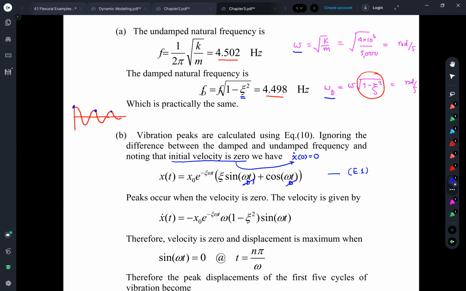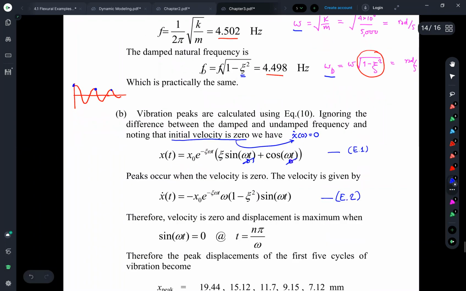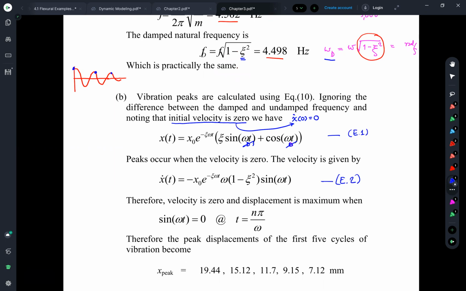So I perform one more derivative on x, and I obtain x dot of time t as in equation number E.2. Let E.2 equal to 0 and calculate when it happens. You will find that it happens when sine omega t equals 0.